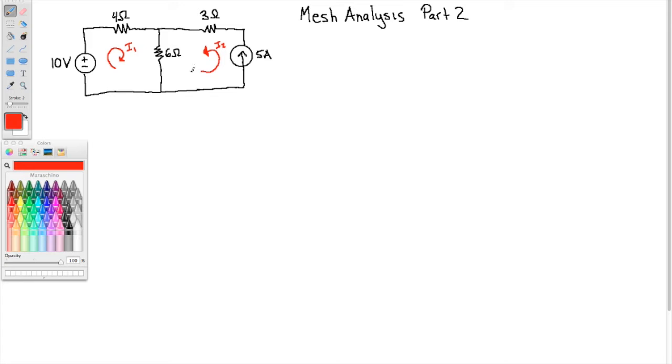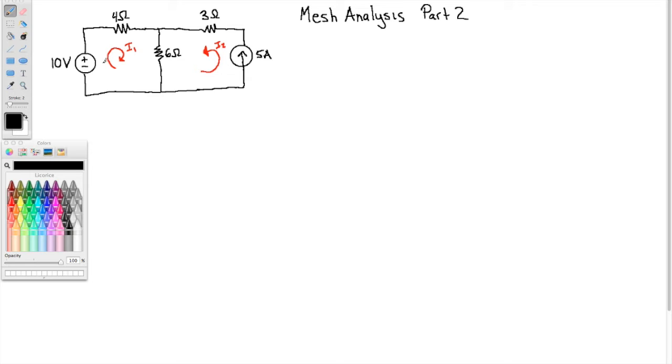Now, we said that if there are n meshes, there are n unknowns. There are 2 meshes here, so 2 unknowns, I1 and I2. However, this is where the modification happens. In this branch with the 5 amps, I2 is the only mesh current contributing to those 5 amps.